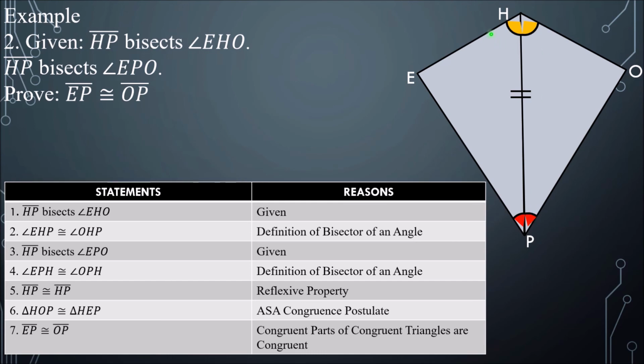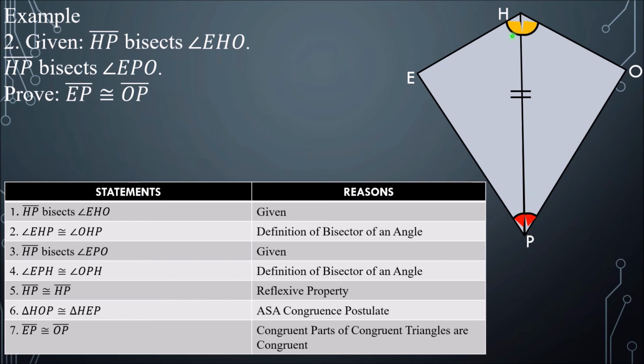So we have now angle, angle. Now, HP is congruent to HP itself, and that is the reflexive property. So this side here is congruent to this side also.